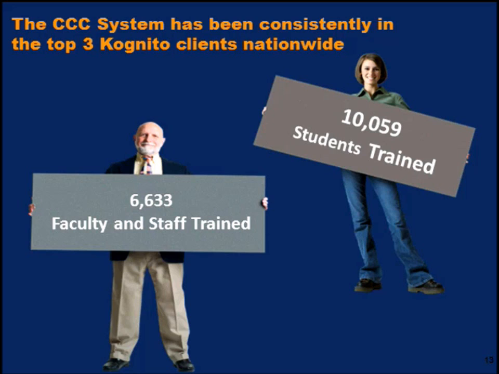Students trained: over 10,000. And again, in terms of the peer-to-peer effort, this is something that's very exciting, and students have actually been the major stakeholders to spread the word that these trainings have been very helpful to them.